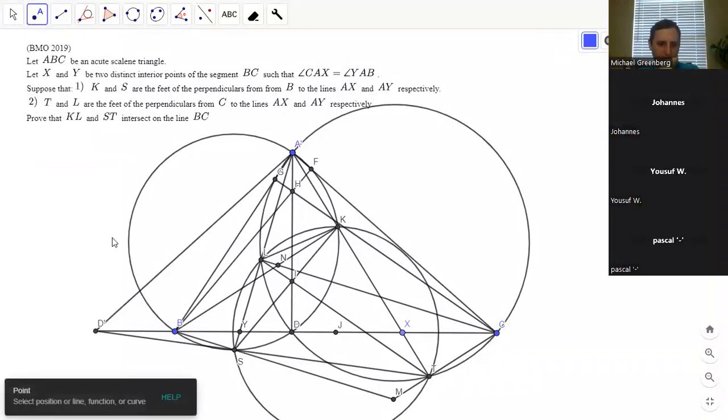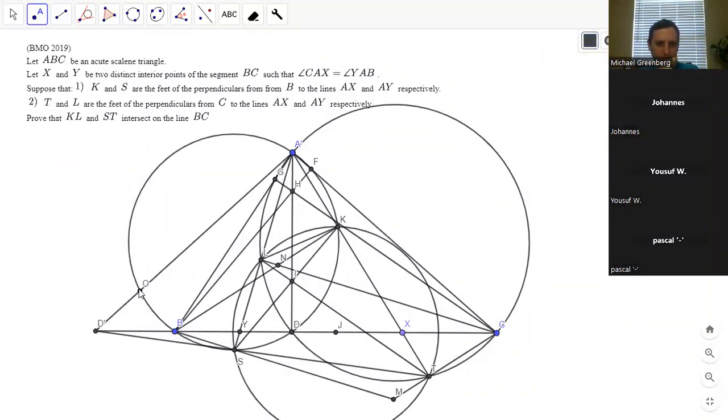So is there anything special about this point right here? Basically, we would want to show KSOD is harmonic. Can you do the intersection of KL and TC?